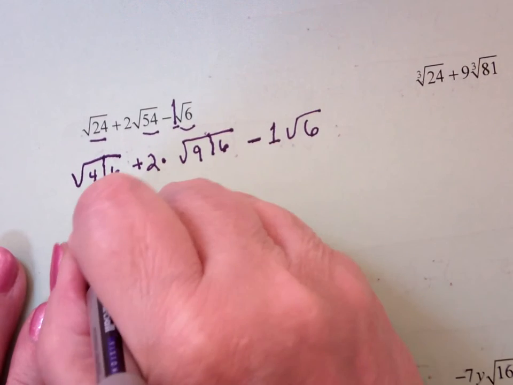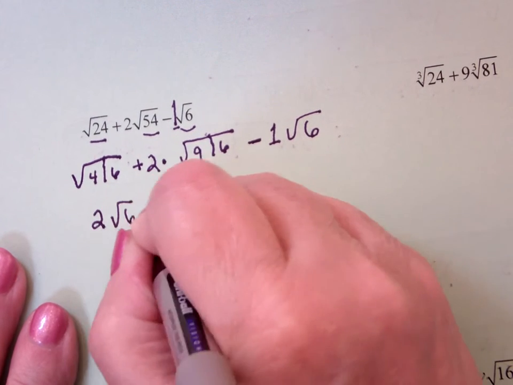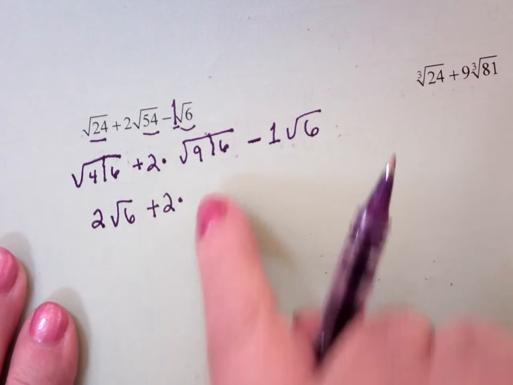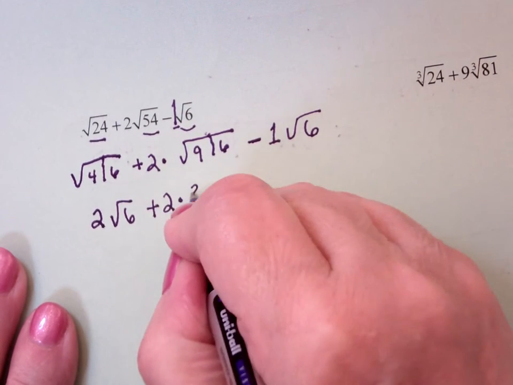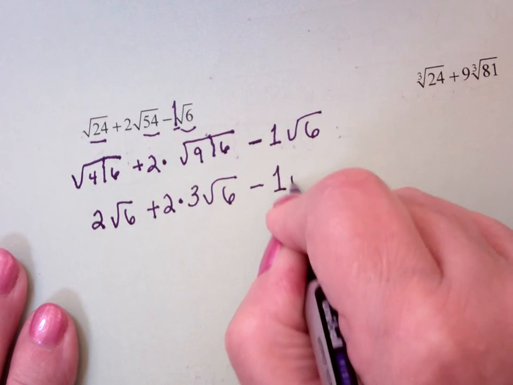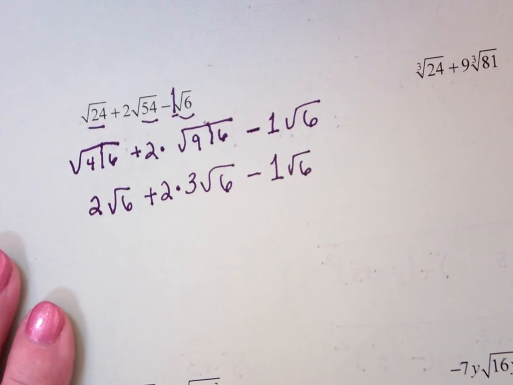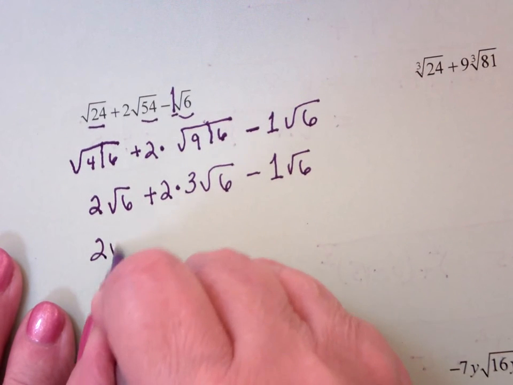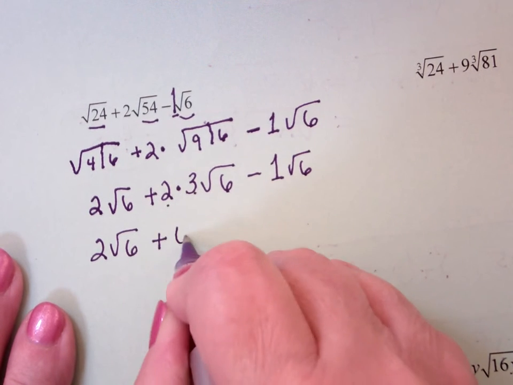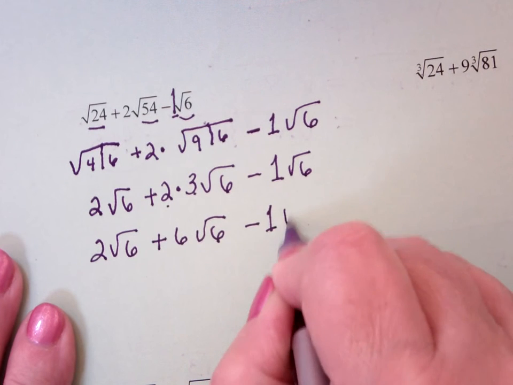The square root of 4 is 2, square roots of 6, plus 2 times the square root of 9 is 3 square roots of 6, minus 1 square root of 6. So this is 2 square roots of 6 plus 2 times 3 is 6 square roots of 6 minus 1 square root of 6.